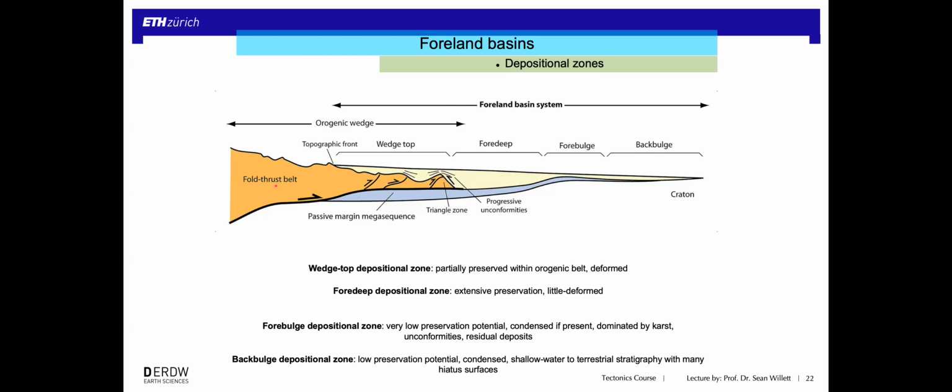That fold and thrust belt tends to be tapered down towards lower topography, lower thickness, higher thickness in the back. And as it's moving and thrusting out into its foreland, it will partially occupy this foredeep that's formed by the flexure of the lithosphere. So this part is all being flexed down. This is thrusting in. It'll fill that depression.